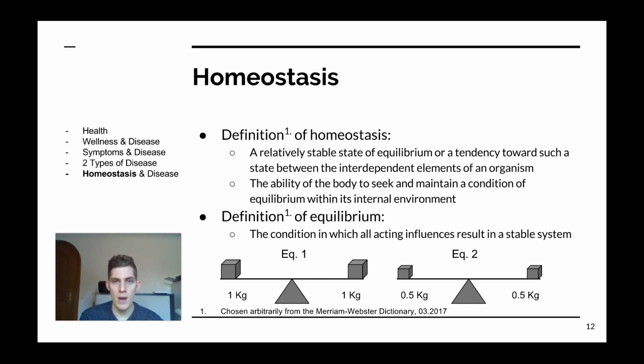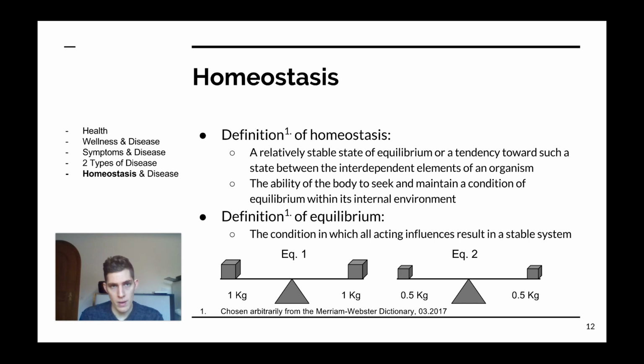So an equilibrium usually better applies to inorganic objects, so dead objects. So it's really a stable system, whereas homeostasis better applies to organic, living, dynamic organisms. We, of course, as humans, our bodies, are living organisms, so we will use the term homeostasis and not equilibrium.